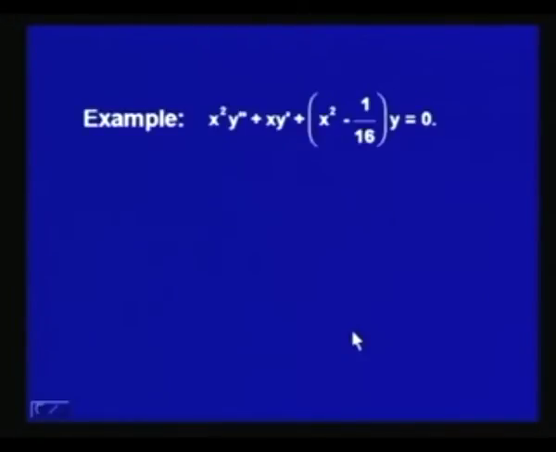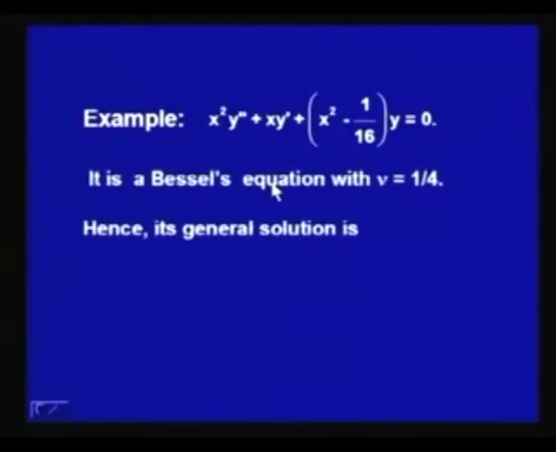Let us study an example. x square y double dash plus x y dash plus x square minus 1 over 16 y equal to 0. It is a Bessel's equation where we have taken nu equal to 1 by 4. If you compare this equation with the standard form of the Bessel's equation, you can see that nu is equal to 1 by 4 here.